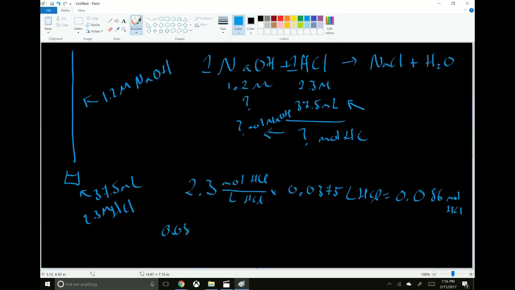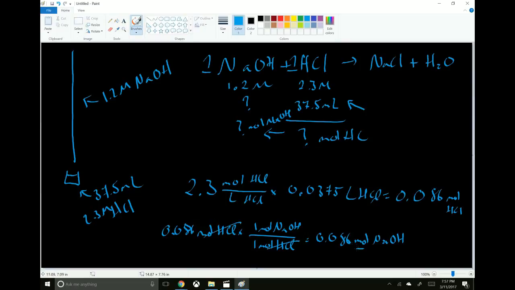And 0.086 moles HCl times 1 mole NaOH per mole of HCl, 0.086 moles NaOH. Yes, I didn't really need to do that, multiply by 1, divide by 1, but I wanted to go ahead and spell it out, trying to make it clear.